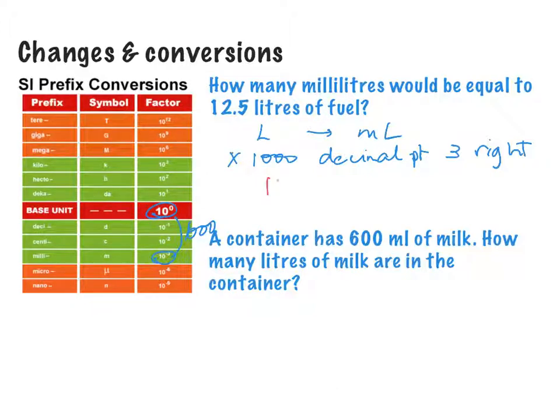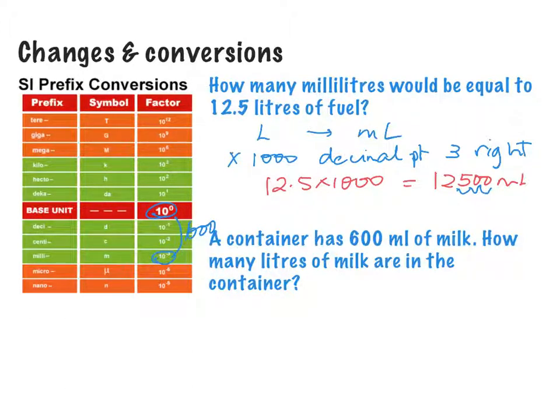So I've got 12.5 times 1000 is equal to 12,500 ml. The decimal point was there. There's 1, there's 2, there's 3. So now it's over here.